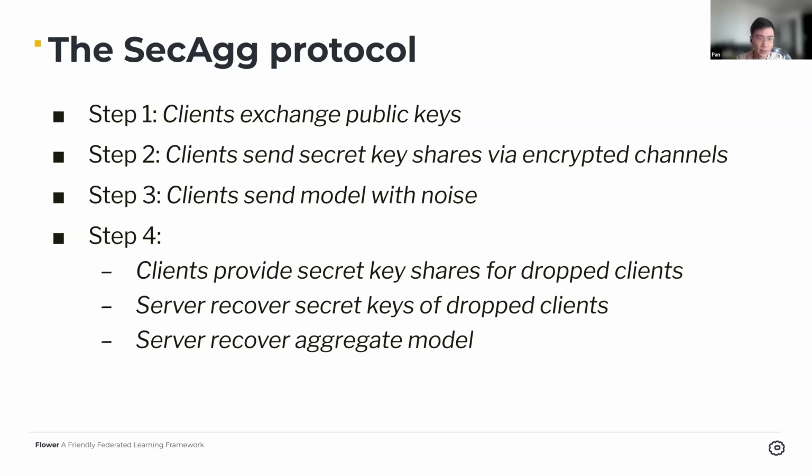Then step 3, clients send the model with the noise we just talked about. And step 4, the clients will provide the secret key shares for the dropped client, and the server will recover the secret keys of the dropped client and finally recover the aggregate model by removing the remaining pairwise masks in the aggregate model.